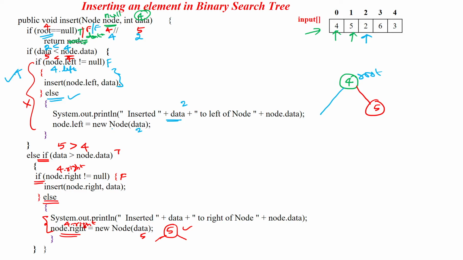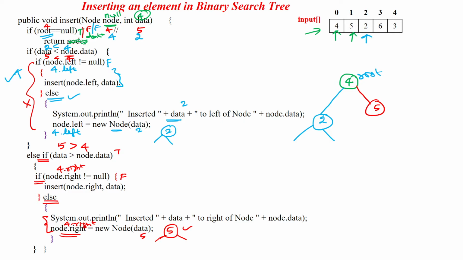For the data we are creating the node with the left child pointer and right child pointer, and that is going to be added as 4 dot left. So 4 dot left will now have 2 with the left child pointer and the right child pointer.